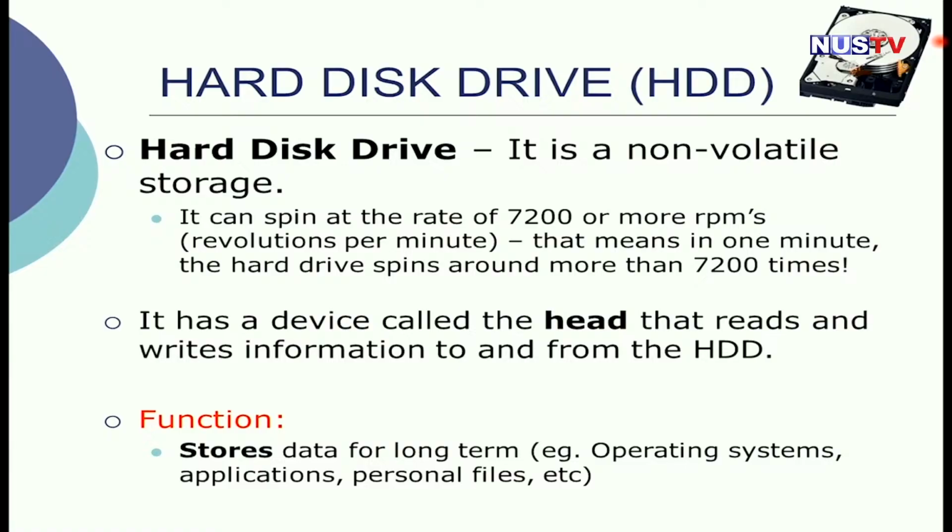Now, your hard disk drive also has a device called the head. What it does is it reads and writes information to and from the hard disk drive. The function of your hard disk drive is it stores data for a long time, and that is because it's permanent storage.